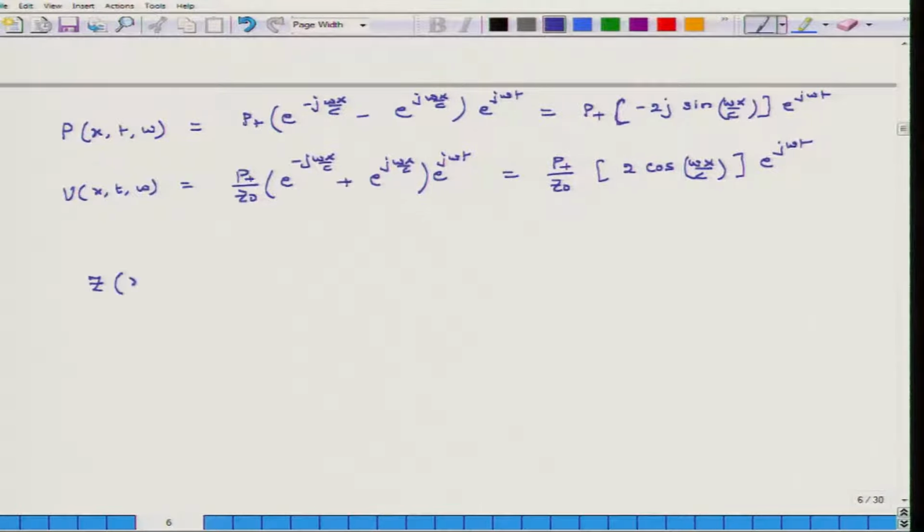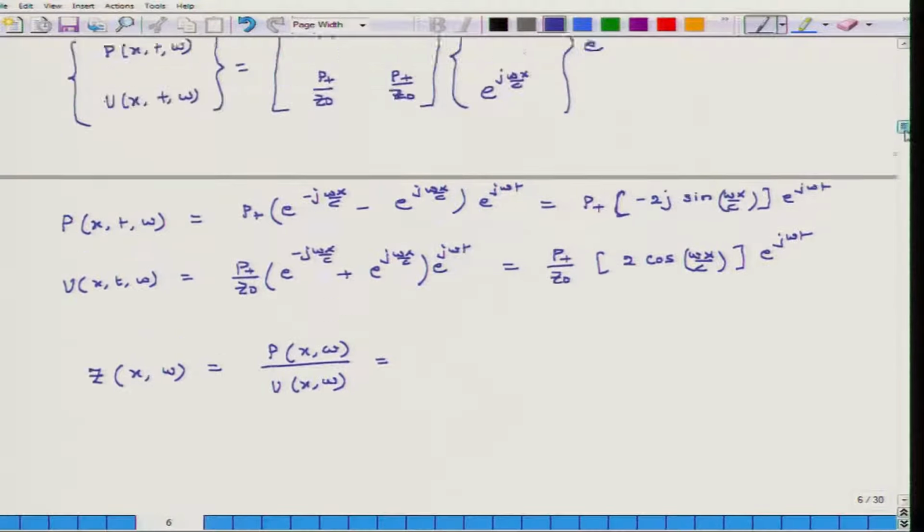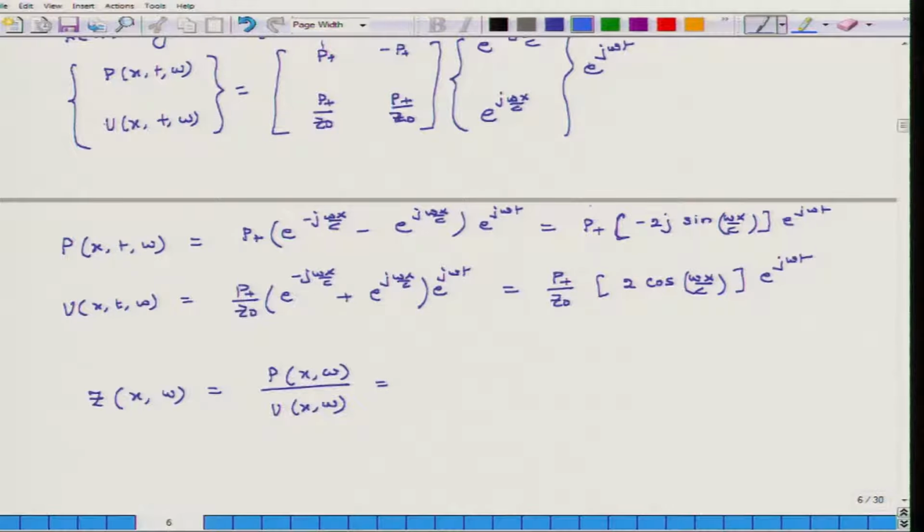Now, specific acoustic impedance is defined as the amplitude of the complex pressure, which we write as P of x, omega, divided by the amplitude of the complex velocity. So, let us identify the complex pressure amplitude. The term in the circle represents the amplitude of the complex pressure, because the amplitude of e to the j omega t is 1.